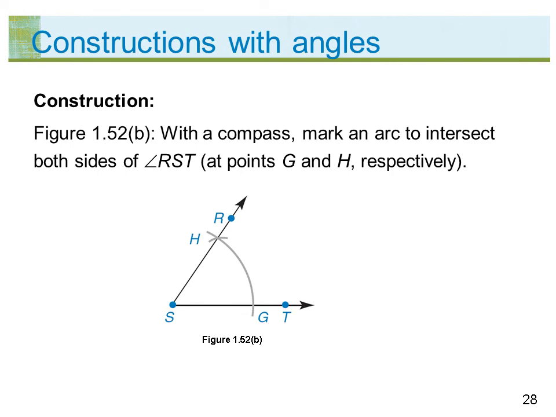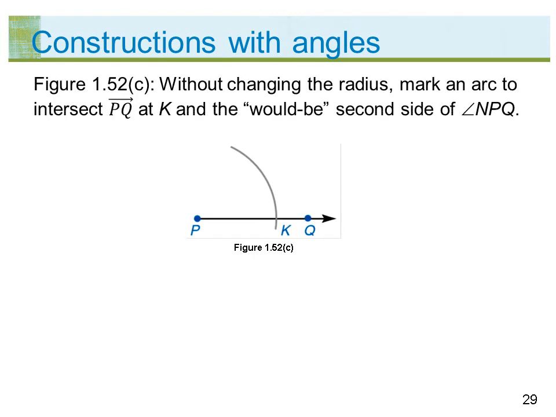Construction. Figure 1.52b. With a compass, mark an arc to intersect both sides of angle RST at points G and H respectively. Figure 1.52c. Without changing the radius, mark an arc to intersect ray PQ at K and the would-be second side of angle NPQ.